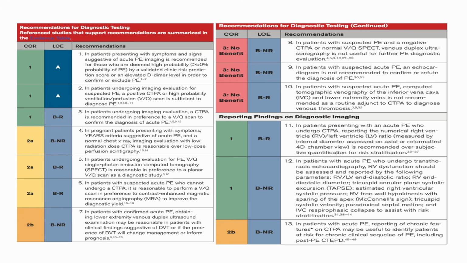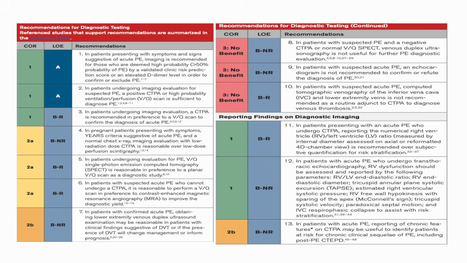Remember, the current standard imaging modality for diagnosis of acute PE will be CTPA, because it's widely accessible, because of its relative cost to what we are getting in return, low radiation exposure, and excellent diagnostic performance. So, the first level of recommendation and the best evidence is for CTPA.